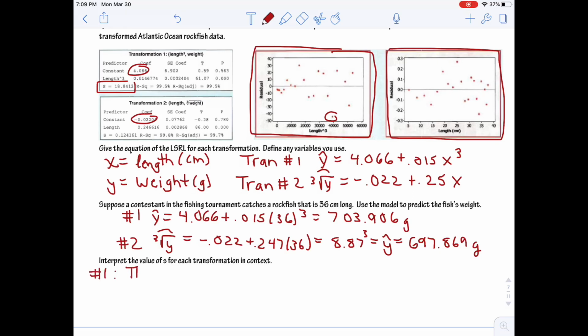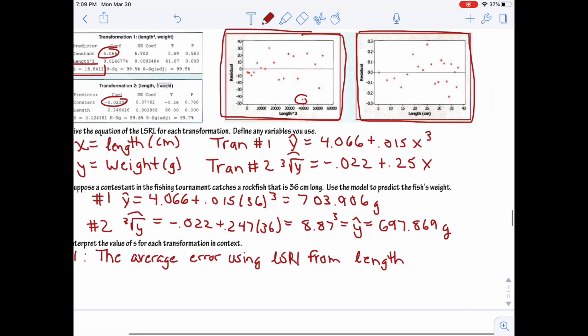So for number 1, the average error when predicting, or average error using least squares regression line from using length cubed is 18.84 grams.